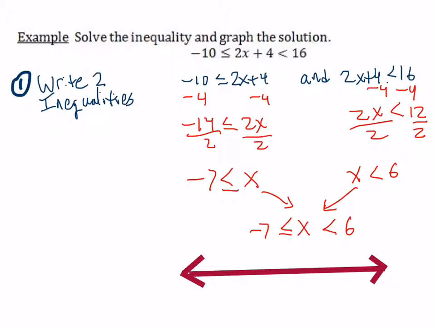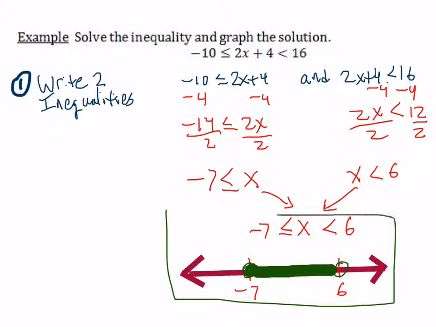Over here somewhere we've got negative 7, and over here somewhere we've got 6. You don't need to write all the dots in between. Negative 7 is included, so we need a solid dot there. 6 is not included, and we need to graph all of these things in between. So there we go, all of the numbers in between. There's our graph and our inequality.